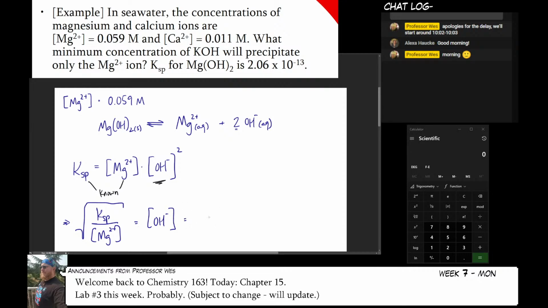So that's going to equal, what was my Ksp here? 2.06 times 10 to the minus 13 divided by magnesium, which was 0.059, square root equals hydroxide. We'll punch it in the calculator and see what we get.